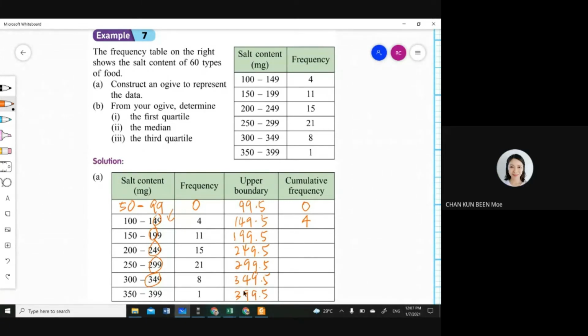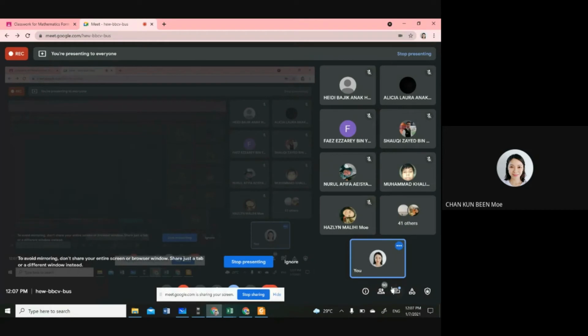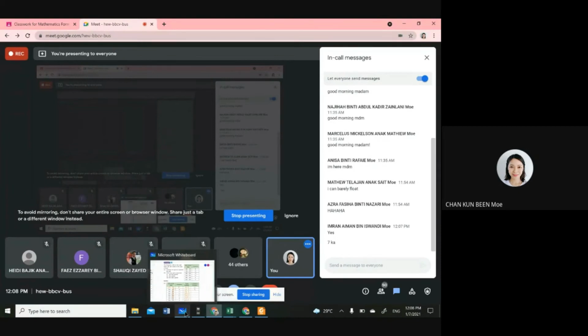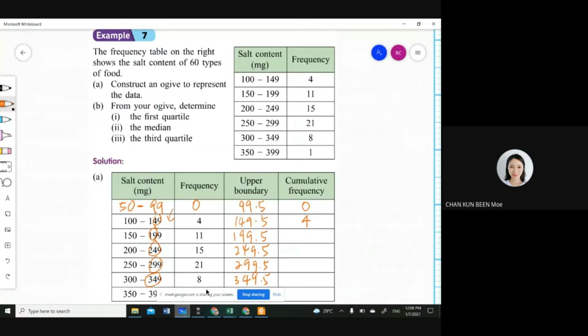Can you tell me what is the cumulative frequency for this one, Imran? 0, 4, followed by this, you have to add up with the 11 over here. How much is the cumulative frequency? You cannot talk, is it? Yeah, Imran. No answer from you. 7, correct or not, class?